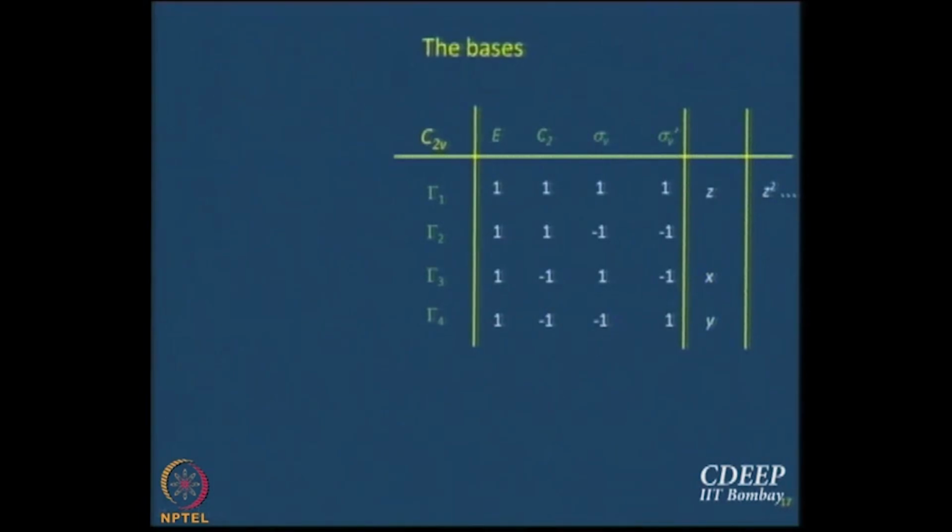Just checking if everybody is awake and attending. 1 multiplied by minus 1 is minus 1, minus 1 multiplied by plus 1 is minus 1. So, we have 1, 1, minus 1, minus 1, gamma 2. So, that is where xy should belong. Then you tell me where yz should belong.